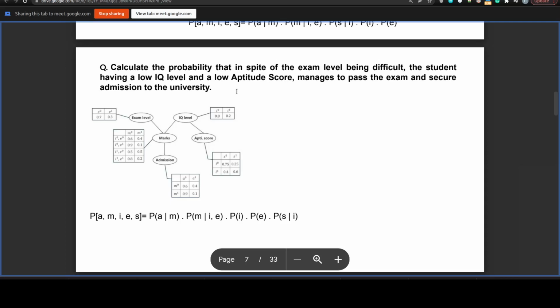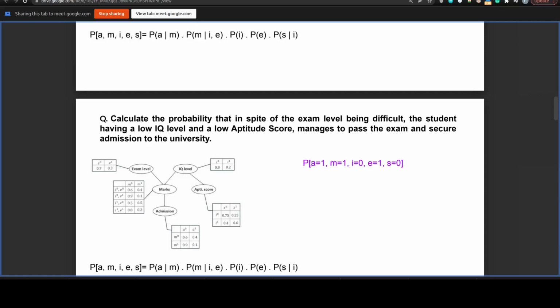So this event corresponds to having a low aptitude score, that is S equal to 0. A is the variable that defines admission.